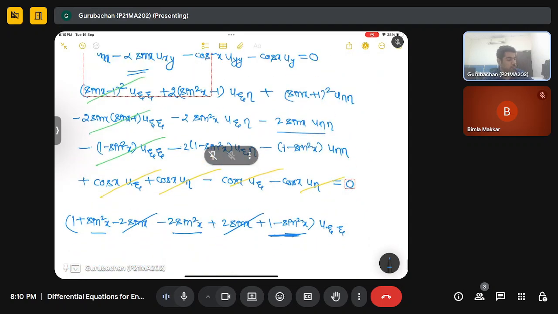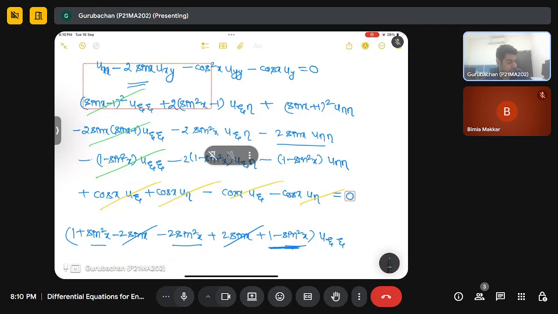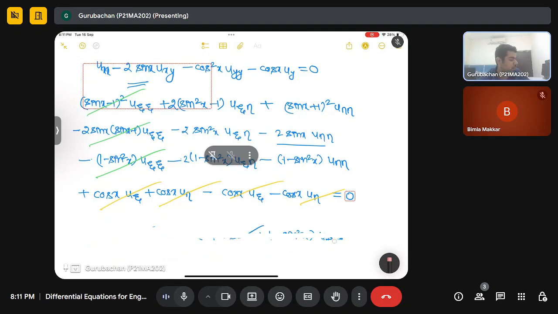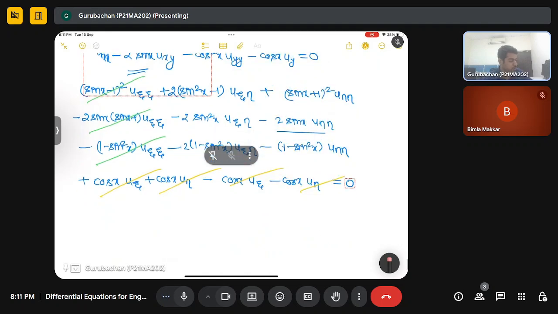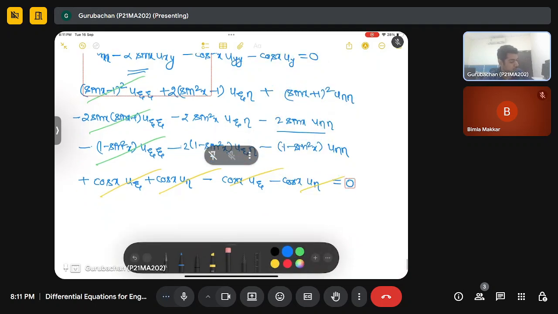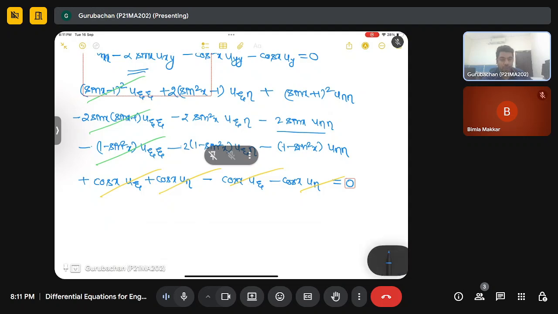So we will be left with this last one, u xi eta, and if you solve it a little, you might do it on your own also. So this will at the end provide you u xi eta equal to 0.